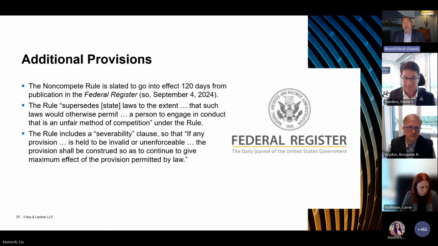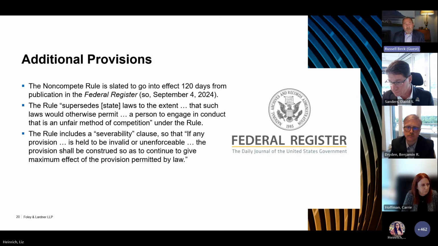So you could imagine that if read very broadly, as the FTC intends, the rule could actually impact state trade secret laws, states that allow the enforcement of trade secret laws to prevent somebody from taking a job simply because they have knowledge that if they took that new job, they would necessarily or inevitably use that information. There are very few states that take that broad a view, but the FTC's rule may in fact alter that under state law.